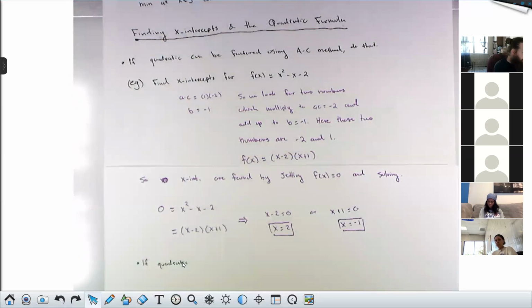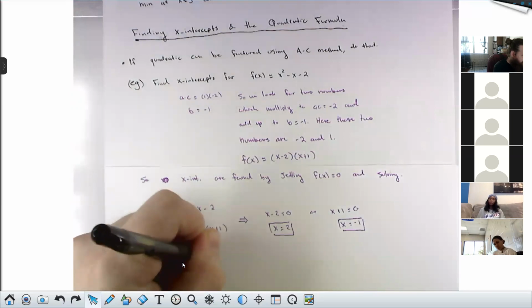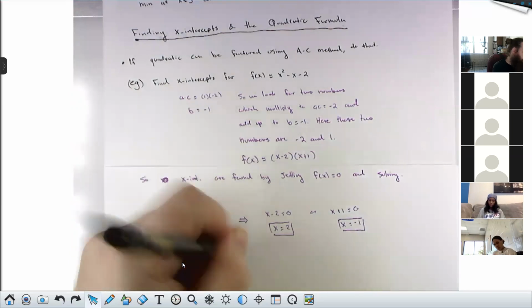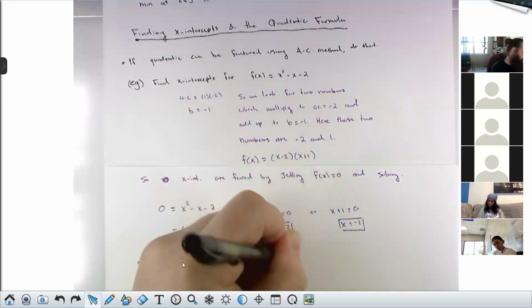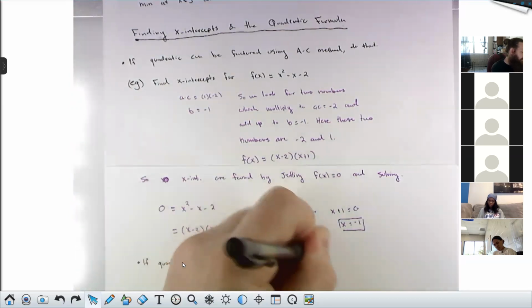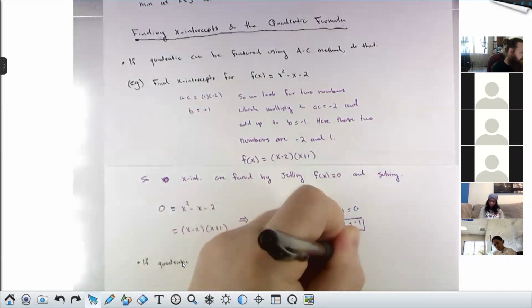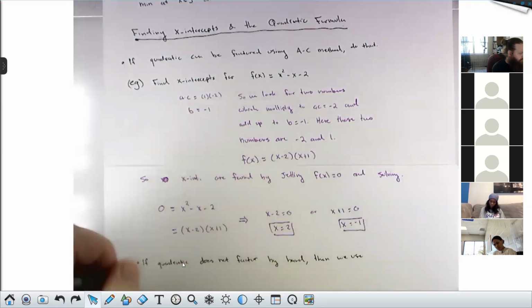However, if the quadratic does not factor by hand, then we use this theorem called the quadratic formula.